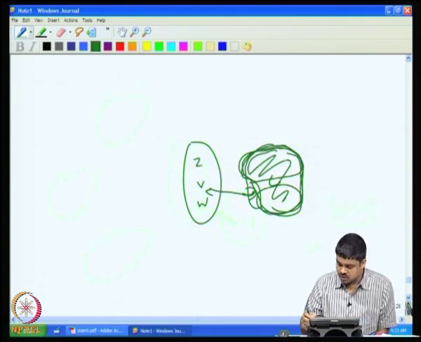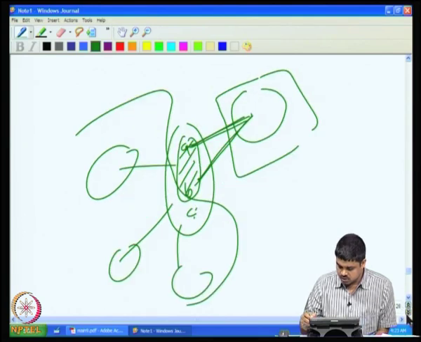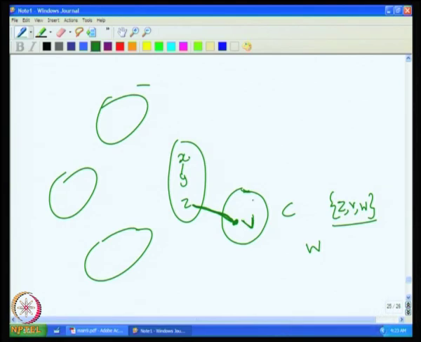If you go back to the earlier picture, the C is connected only to x and y other than this C component. It is not possible to connect only to x and not to y, because once you get x, y will automatically come, because this is an edge, right.